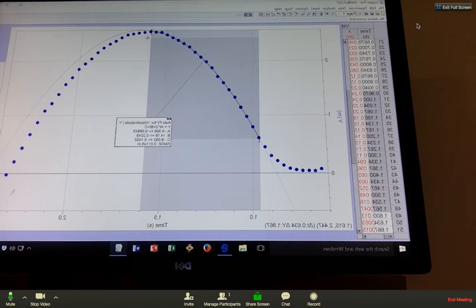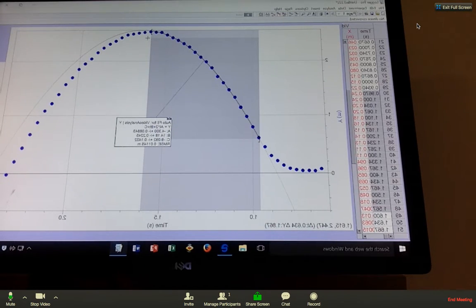So what can you say about, let's say, your initial velocity? According to your model, what is your initial velocity? Got it?